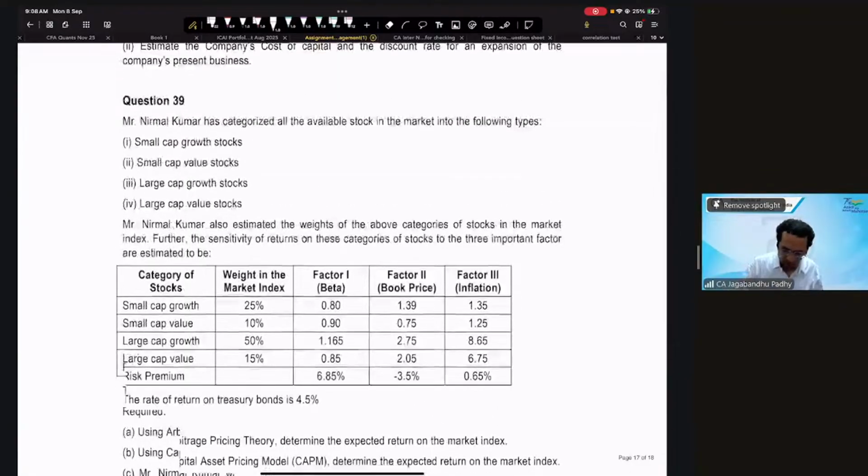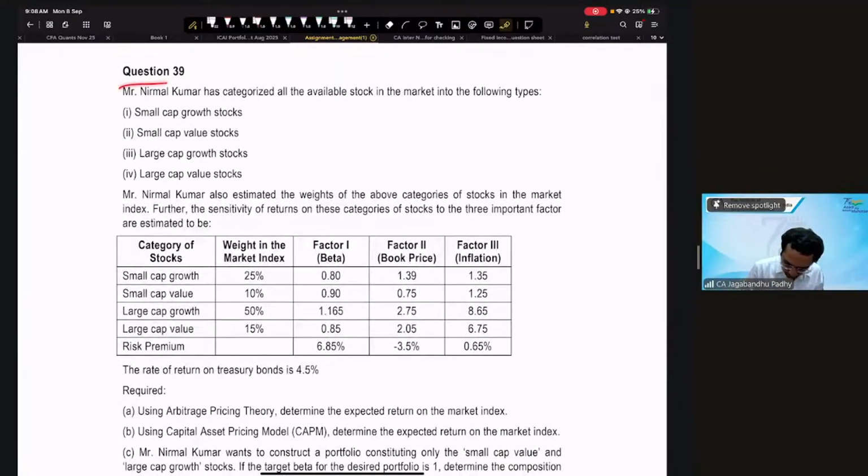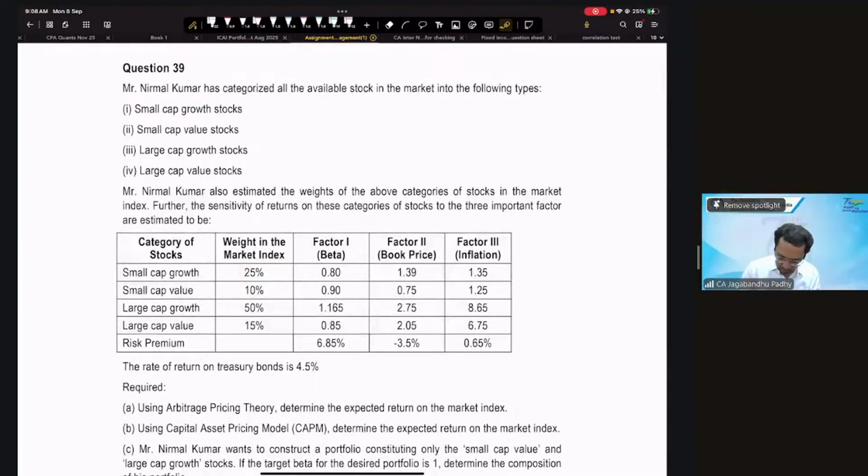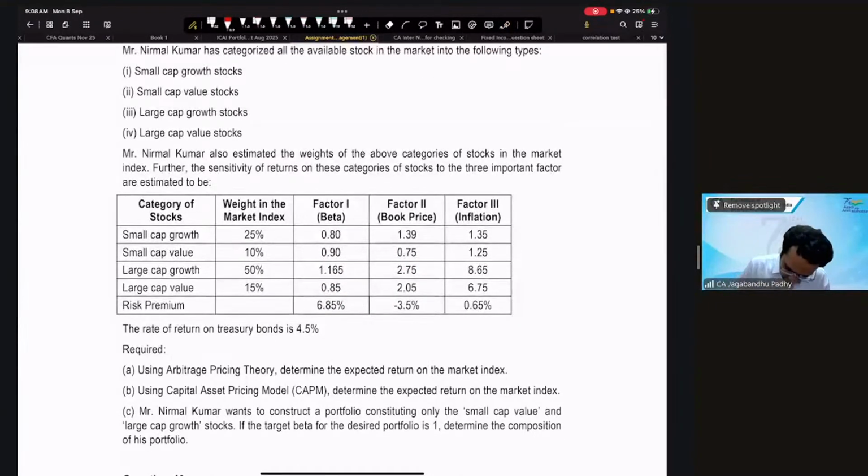Okay, try to quickly solve this question 39. We have the weightages and we have the betas over here. So first, what is the beta 1 of the portfolio?